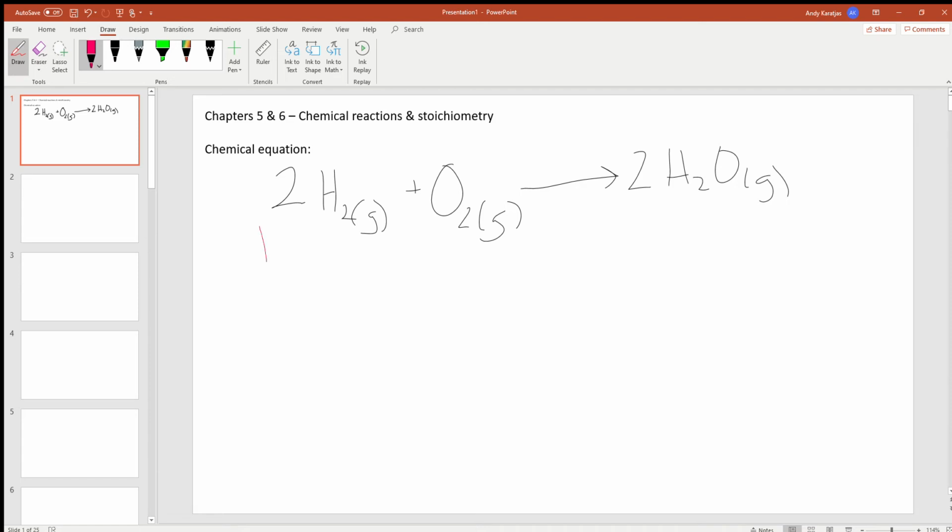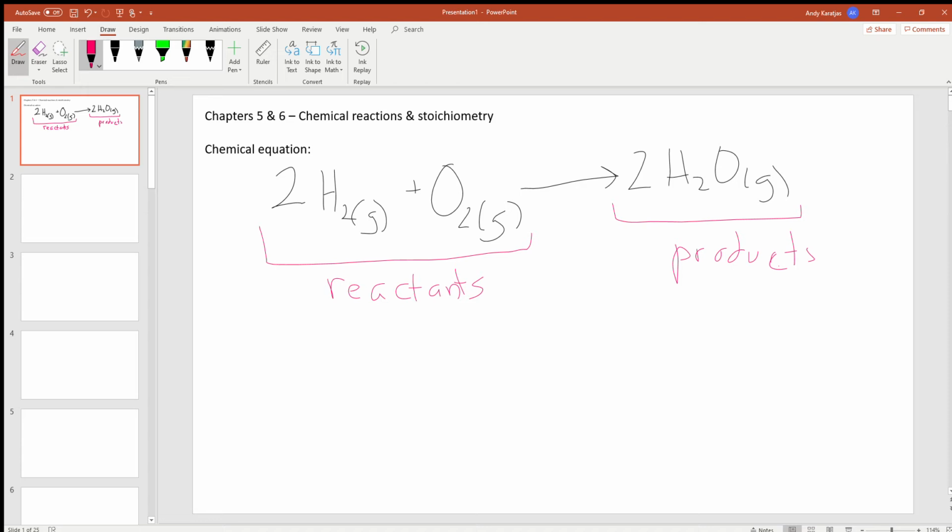On the left side of our equation, we have our reactants, or our starting materials. These are what we would be adding together if we were actually doing the reaction in the lab. And then you'll notice we have an arrow, and that goes over to the right side of the equation. The right side represents our products, or what's formed if the reactants that we put together were to react in the lab.